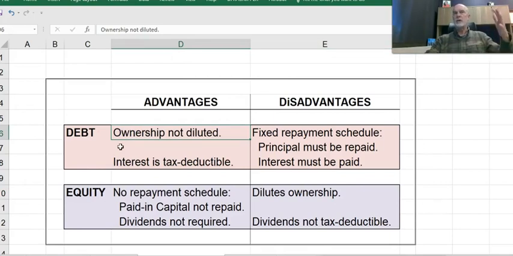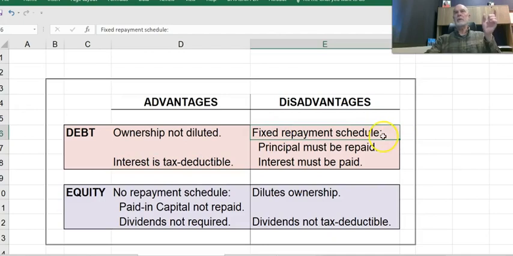So the existing ownership is not watered down, it's not diluted. And the interest on the debt is an expense that lowers your income, and therefore it lowers your income taxes. The bad thing is you've got to pay the money back. You've got to pay the principal that you borrowed, plus you've got to pay the interest that you've promised in that contract.